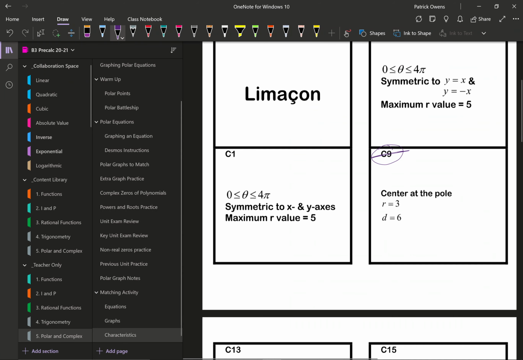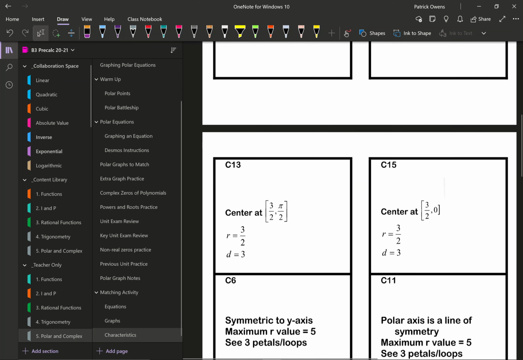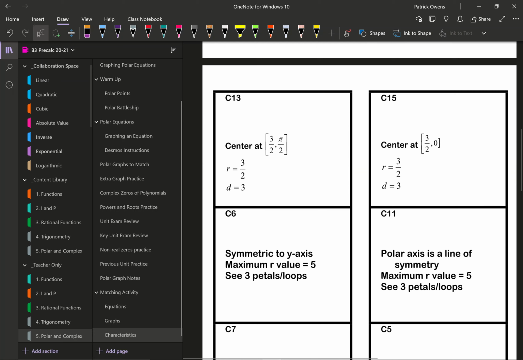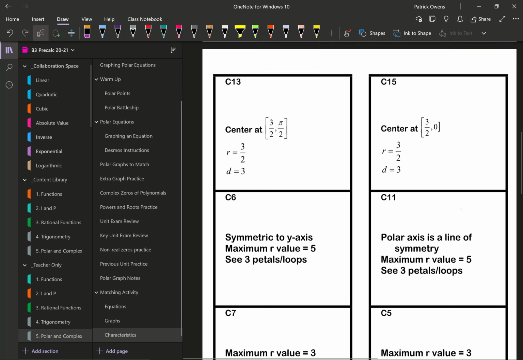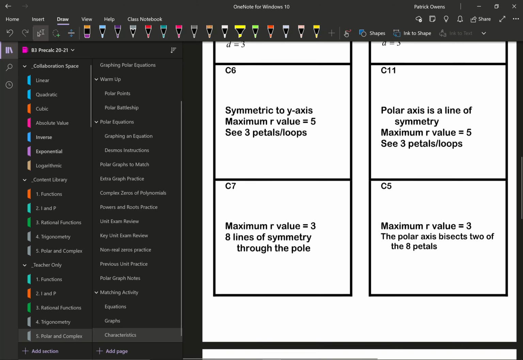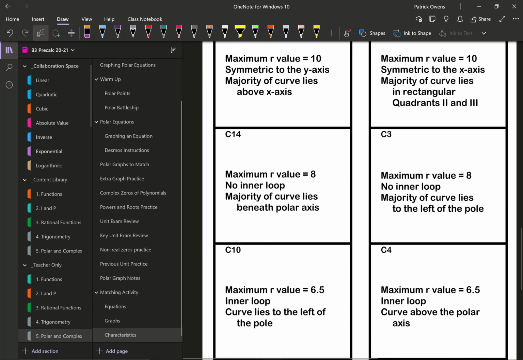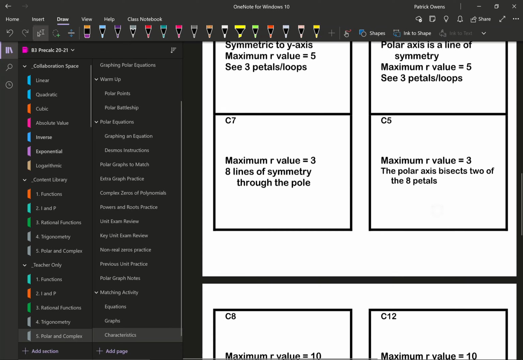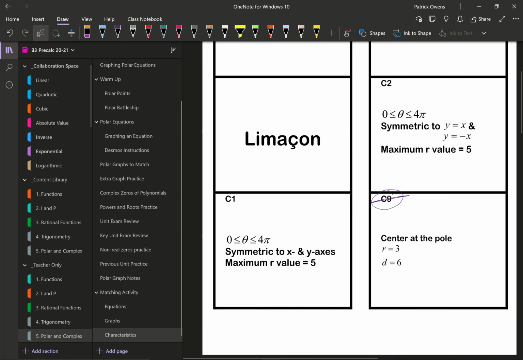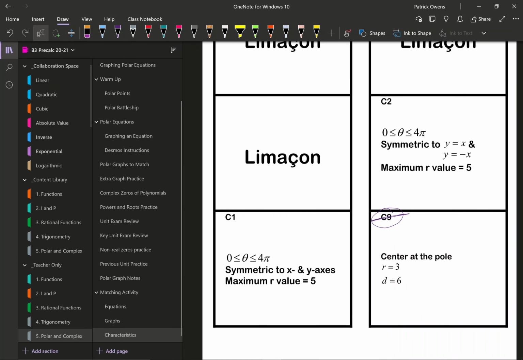They are both lemniscates. And as far as characteristics go, the characteristics aren't necessarily as important here. Bisects 8 petals. This looks like it's symmetric to these, and then the maximum r values.